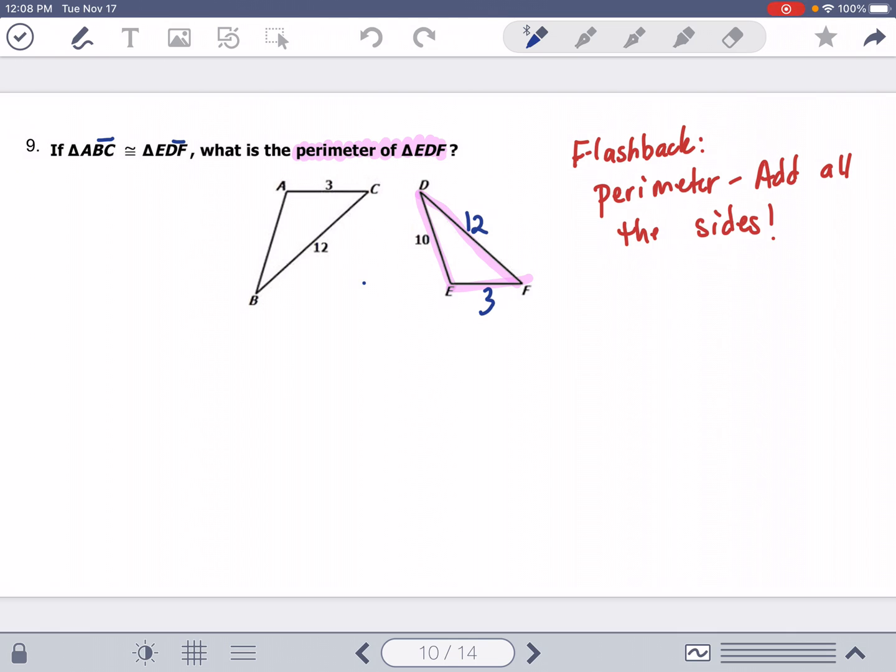Why, yes, I do. So I'm going to add 10, 12, and 3 together. So perimeter is 20. That's a bad 5. Perimeter is 25.